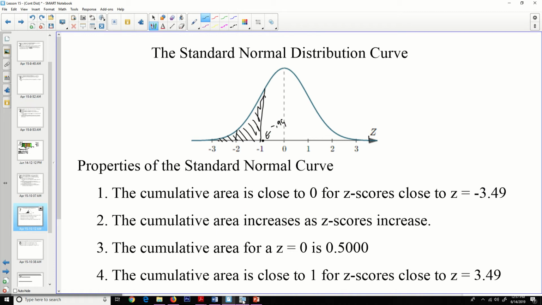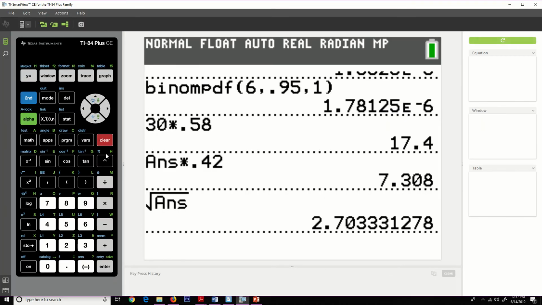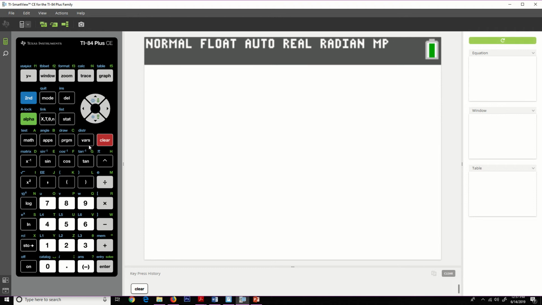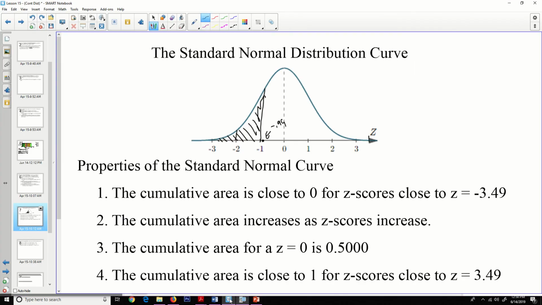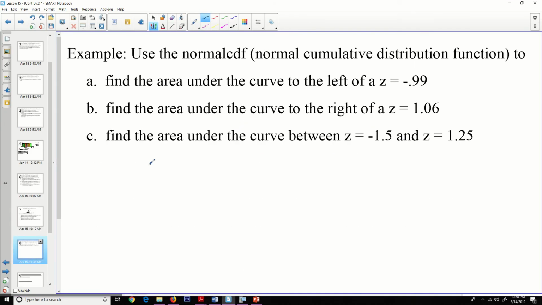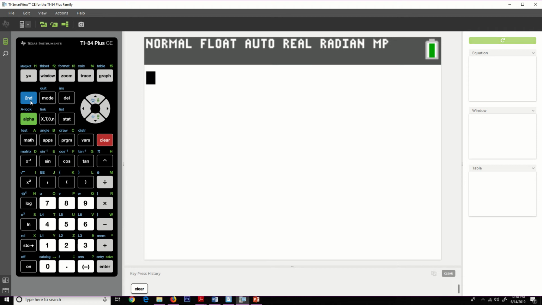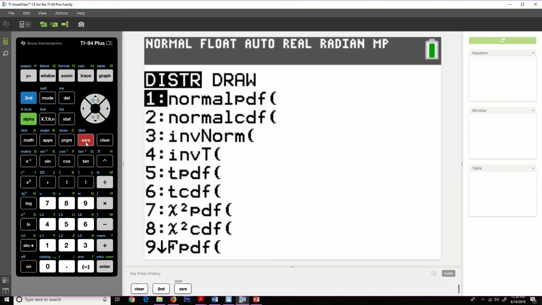All right, so we're going to grab our graphing calculator and we'll clear all this stuff out. Now the normal cumulative distribution function is under this distribution tab, and normal CDF is this.